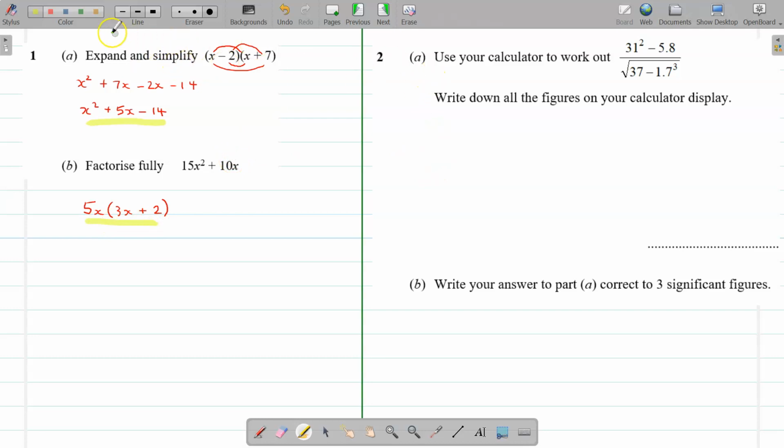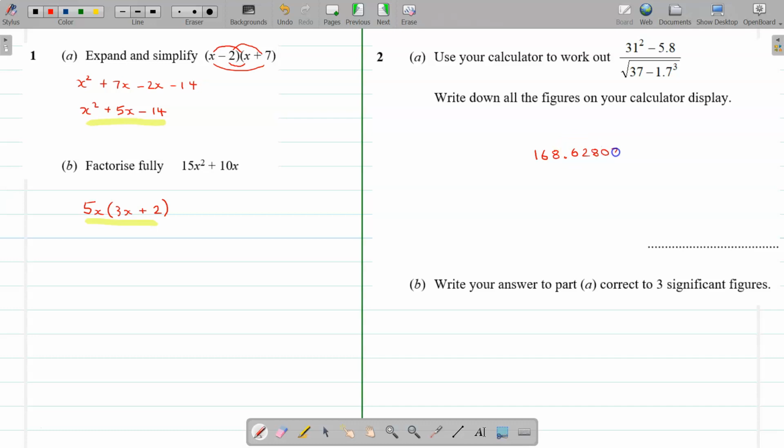Okay, number 2 is about using a calculator. You've just got to be careful to enter that exactly as it is there on the calculator. You don't need to write it down again, it's printed for you, but you do need to write down all the figures on the calculator display, which should be 168.62803.